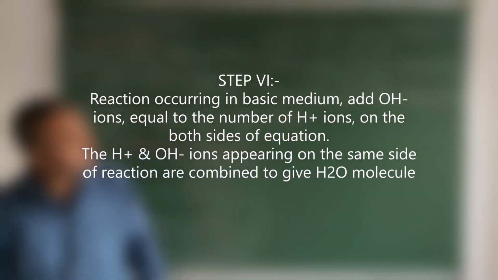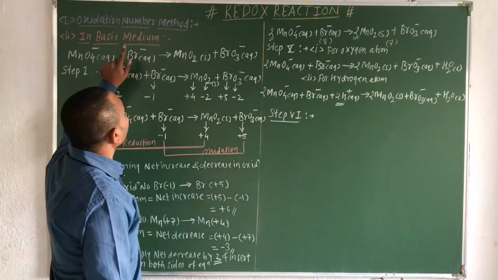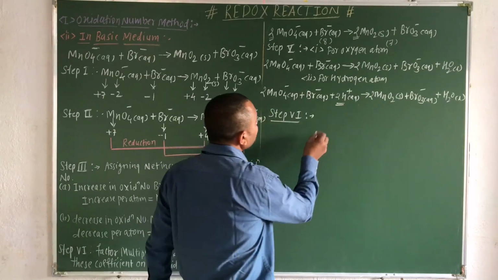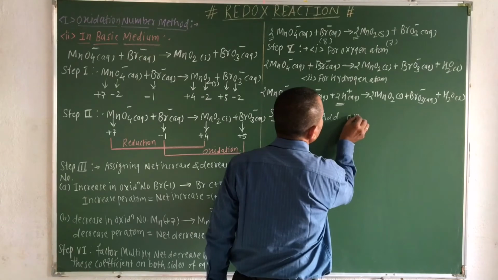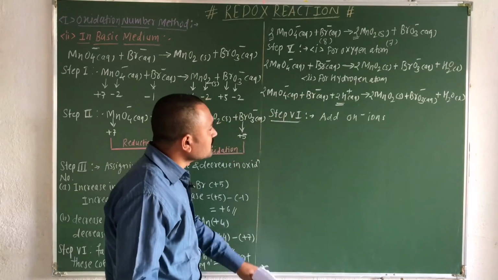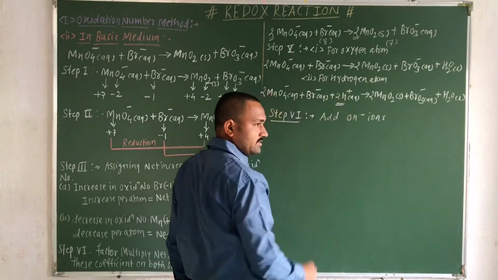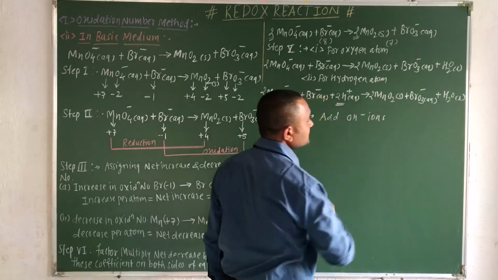So your step number 6 is the additional step compared to your acidic medium. Here it is very simple, we have to add the OH minus ions. How many OH minus ions do we have to add? Whatever the number of H plus ions we have added, that many OH minus ions we are going to add on both sides of the equation.